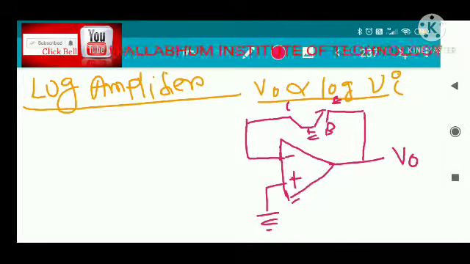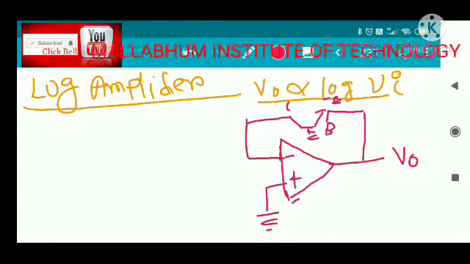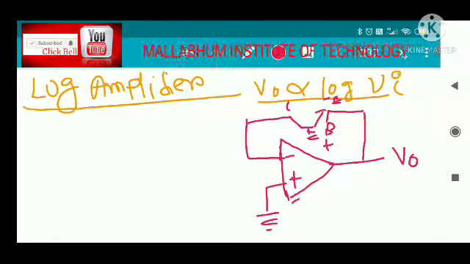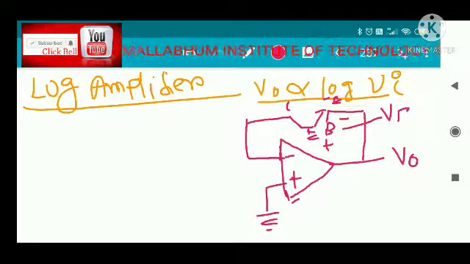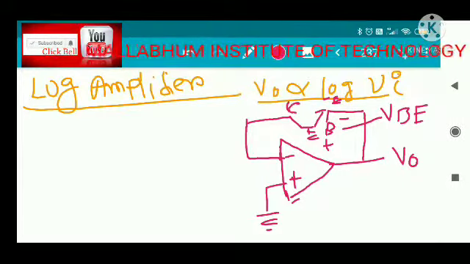So there is a voltage relationship between these two. This is positive, this is negative, so the voltage that exists here is VB, the base to emitter voltage, and this is obviously your collector terminal.